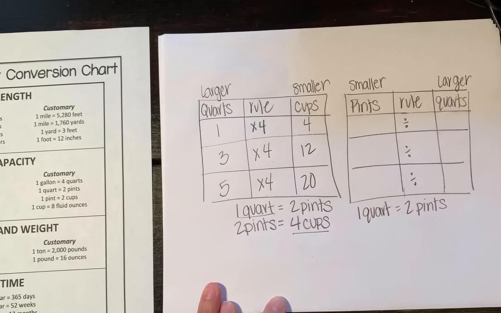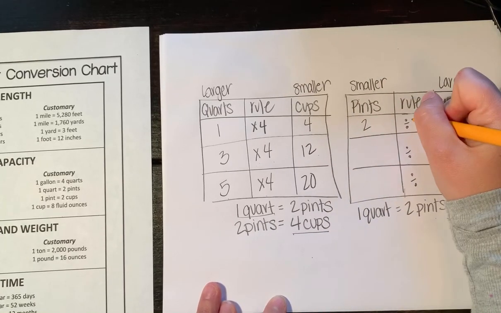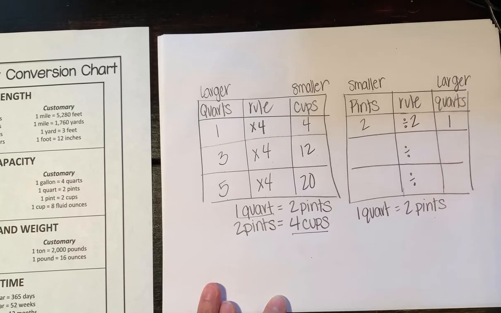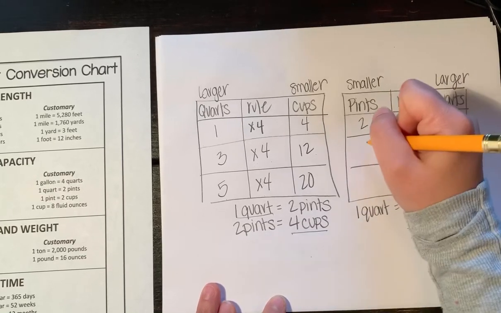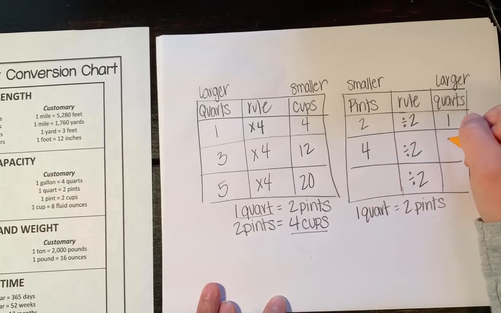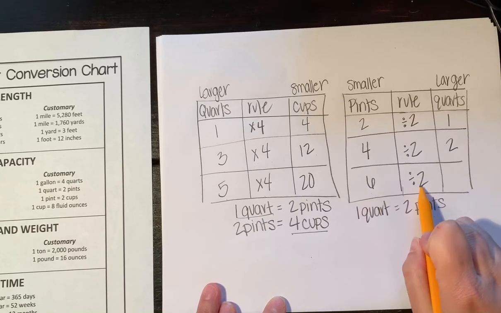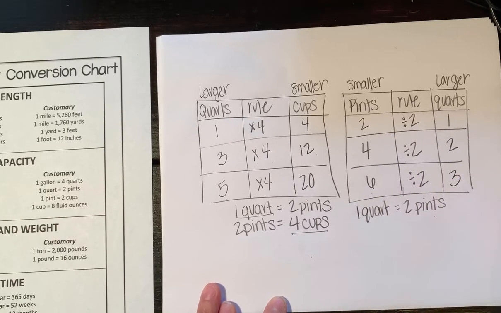So I know that if I had, let's say, 2 pints there, I would be dividing by 2. That would be 1 quart. So 4 divided by 2 would be 2 quarts. And 6 divided by 2 would be 3 quarts.